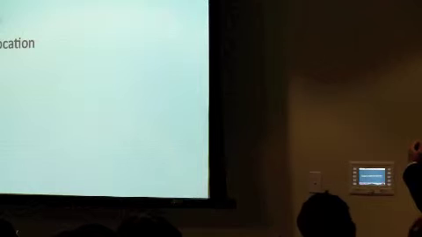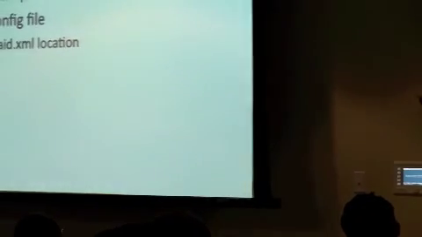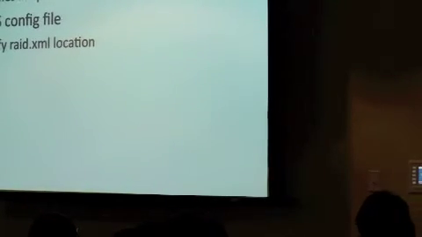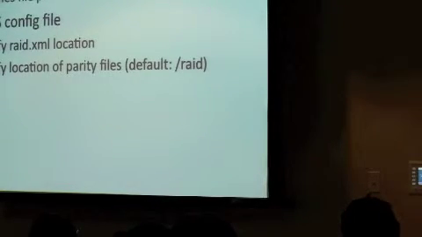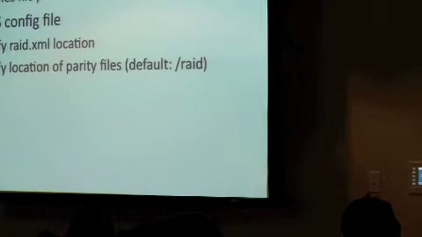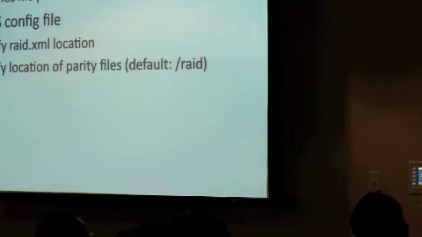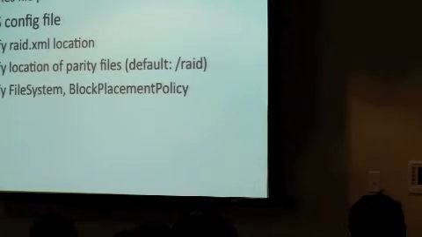And in the HDFS config file, you need to specify where the raid.xml file is. And we also need to specify a location for parity files. This is how the file system knows where these parity files are, because it knows the directory.